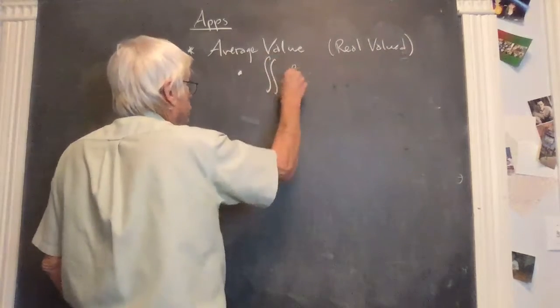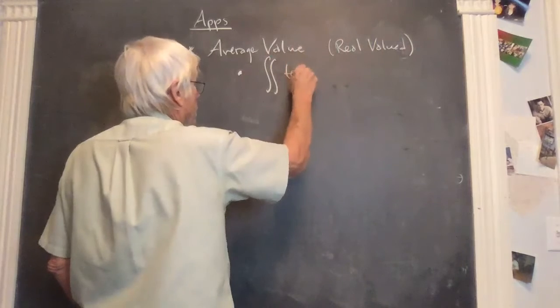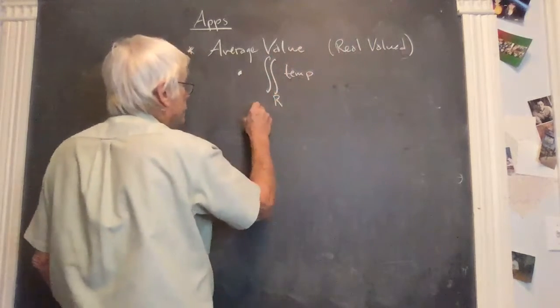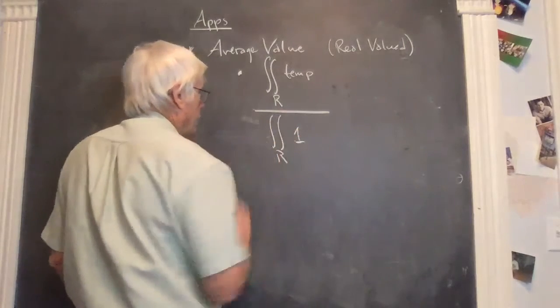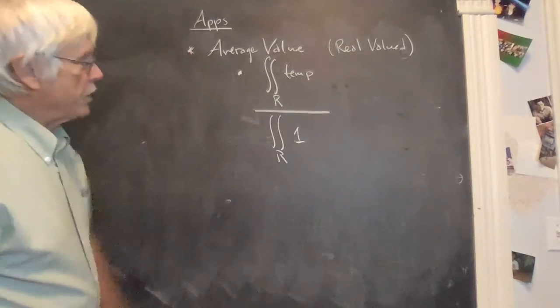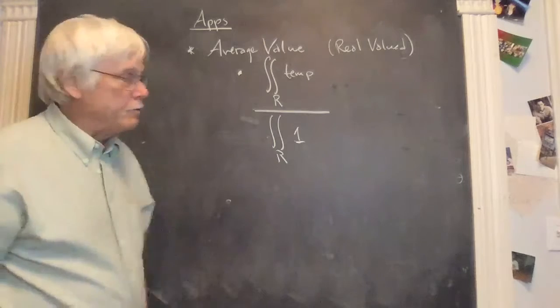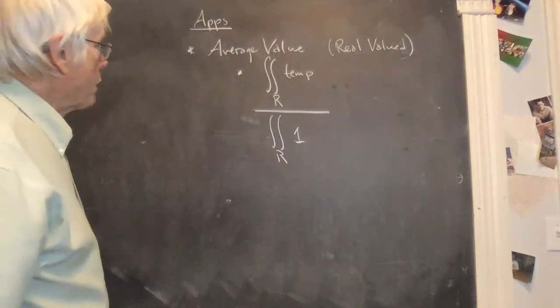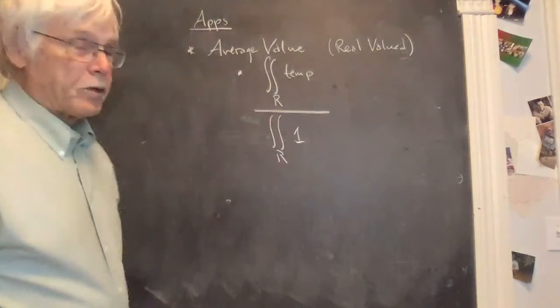The integral of the function itself that is given, like temperature, for example. And the second one is the area of R, which is given by this integral. The integral of 1 always gives you the measure of what you're integrating over. So this is the average value. If I say average value, this is what to compute.